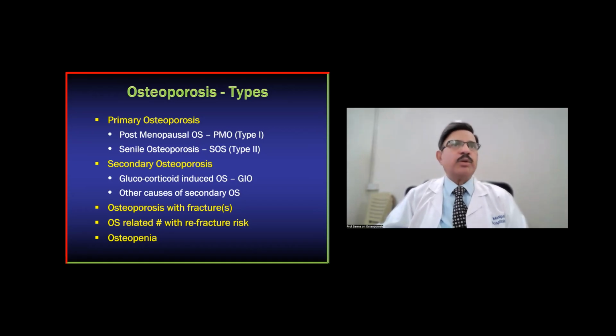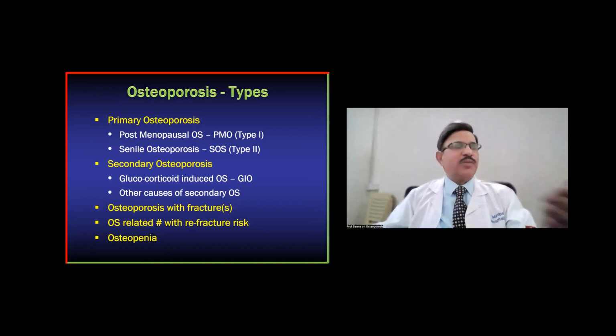Type 1 osteoporosis, postmenopausal, occurs only in women. Senile osteoporosis occurs in both sexes. Secondary osteoporosis includes GIO, glucocorticoid-induced osteoporosis, and other causes. Next is osteoporosis and fracture.